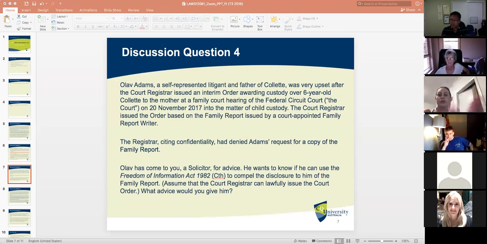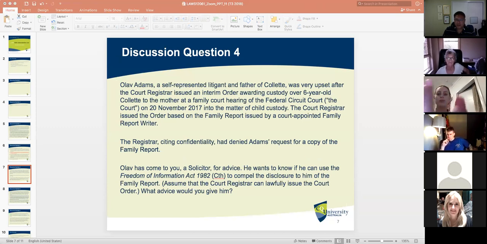Is that the way it works? The judge can't be compelled to release their own notes. That's correct. So I would say no. If they're acting in a judicial capacity, then no. You would need judicial review, as Kayla's just written.